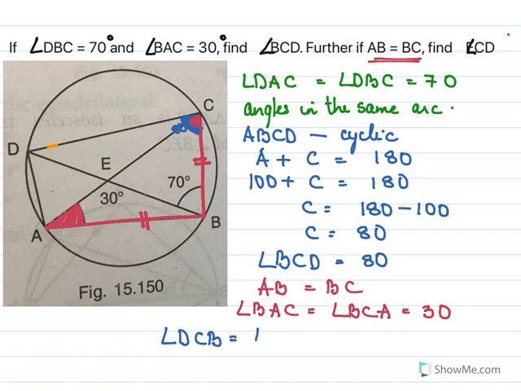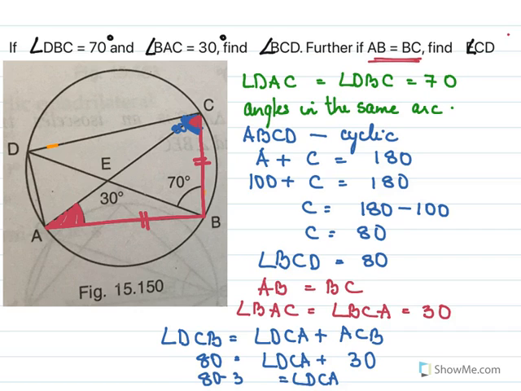DCB equal to angle DCA plus angle ACB. So 80 equal to, we don't know DCA, plus 30. So angle DCA equal to 80 minus 30, and angle DCA equal to 50.